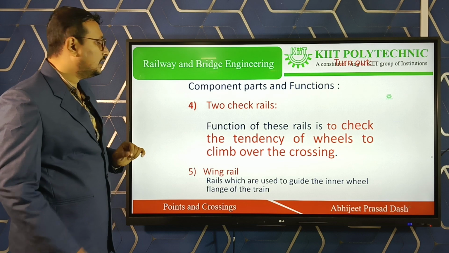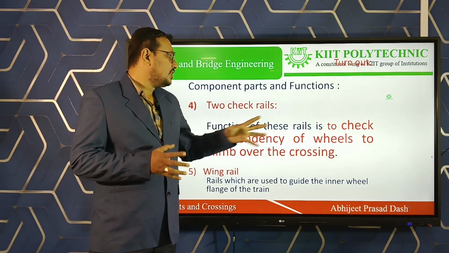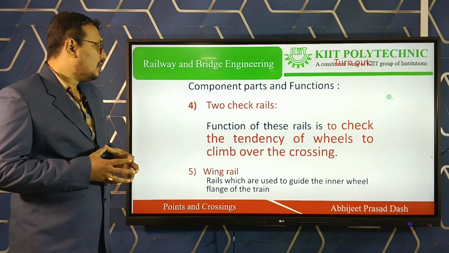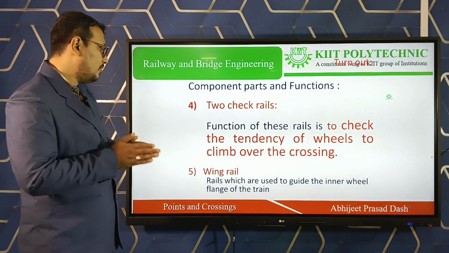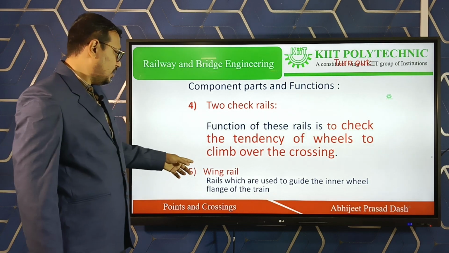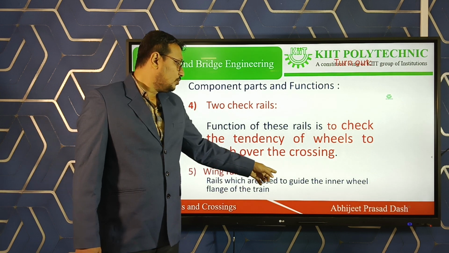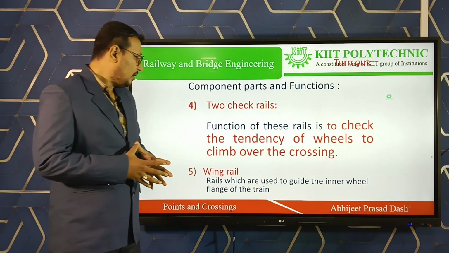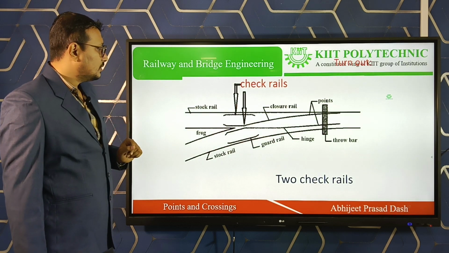Okay. The next component is check rails. Function of the check rail is to check the tendency of wheels to climb over the crossing, wing rails. Fifth component, rails which are used to guide the inner wheel flange of the train. Two check rails.